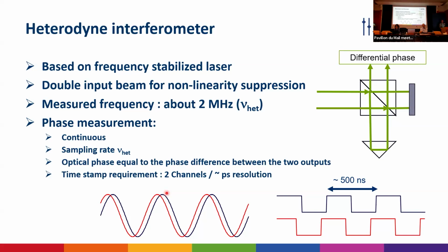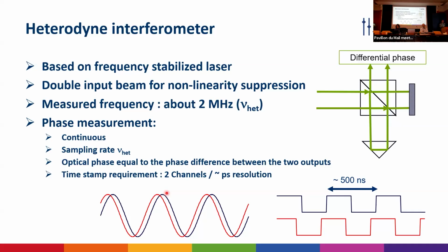And the measurement frequency is not centered on 0 Hertz anymore, but will be centered at 2 megahertz, which means that we can have something like continuous measurement with events occurring not 5,000 times per second, but 2 million times per second. And then we will have a very small dead time in between two successive events. It will be something important for the following.